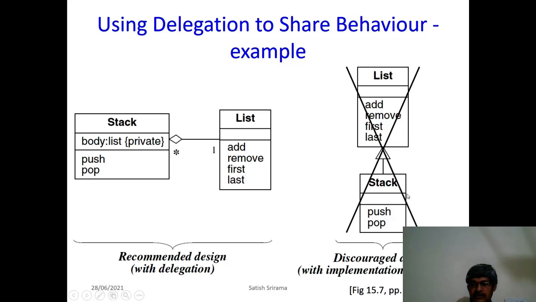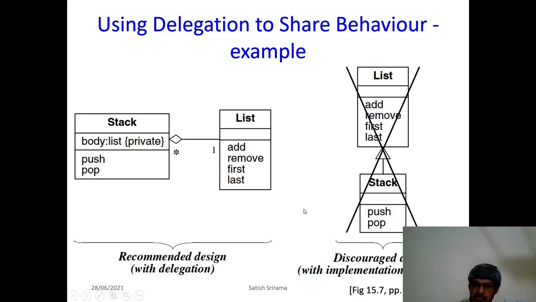But the problem is that a programmer may accidentally use an add method somewhere, because that operation is available in the stack class. If you use the add or remove method, the basic idea of the stack data structure is completely lost.